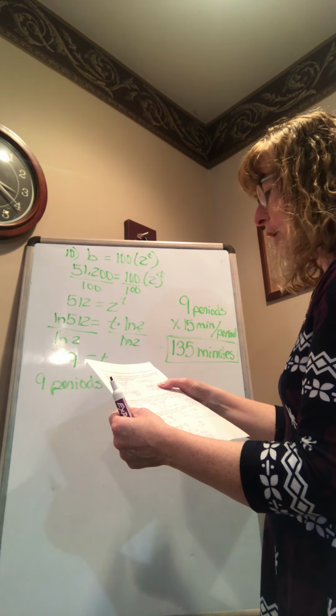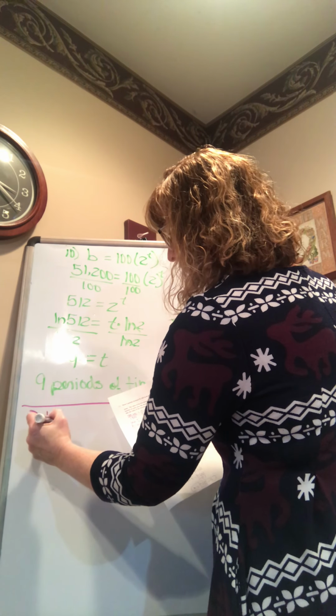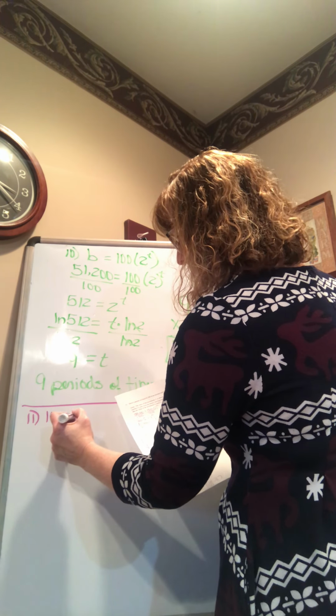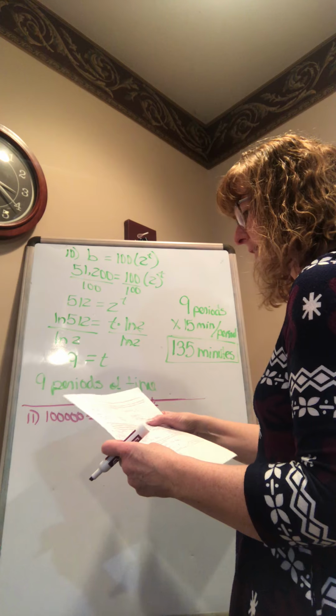Well, number 11 now, I want $100,000, and I started with 1,500. I know my money is doubling every 7 years. So I need 7 years over 7 to be an exponent of 1, and then my money will double. How long is this going to take?